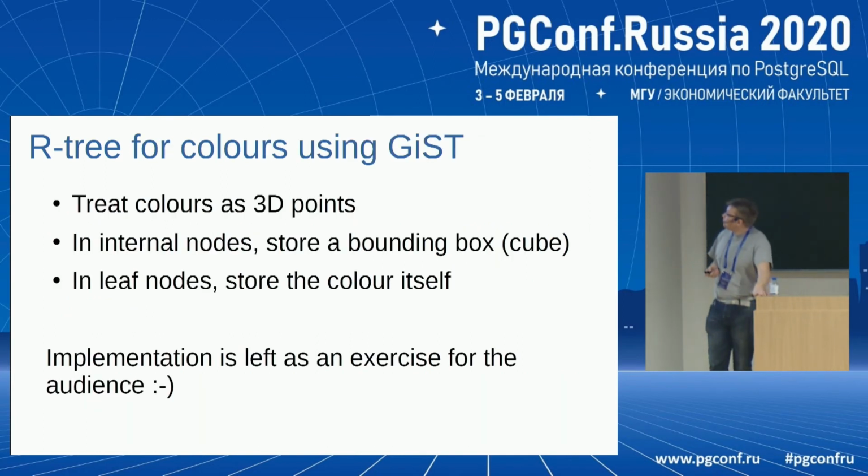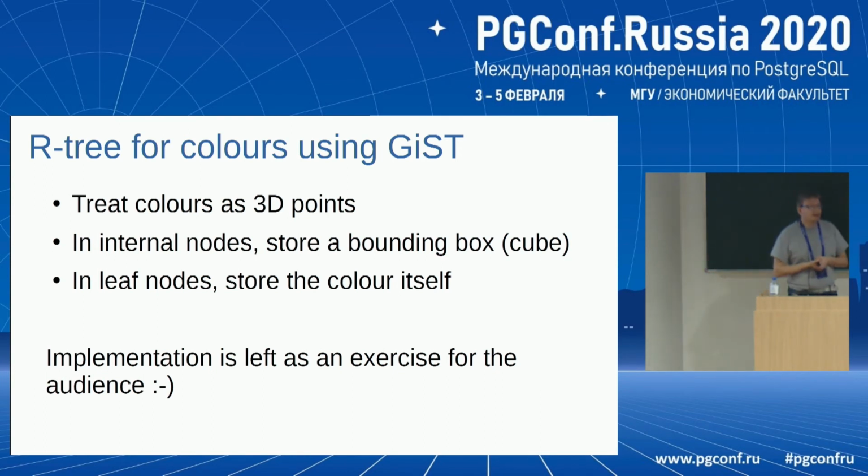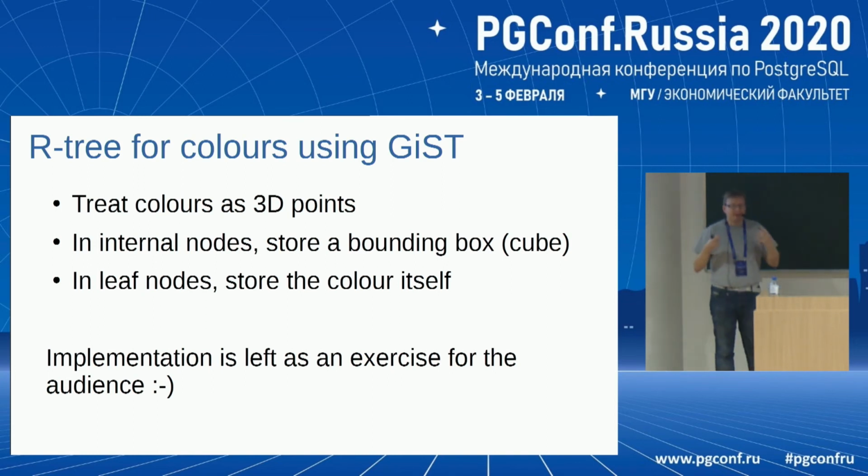So how is this useful for our color example? Well, if we think about colors as points in a 3-dimensional space, we can use an R tree in the same way. Instead of a bounding box, you have a bounding 3-dimensional cube at every level.